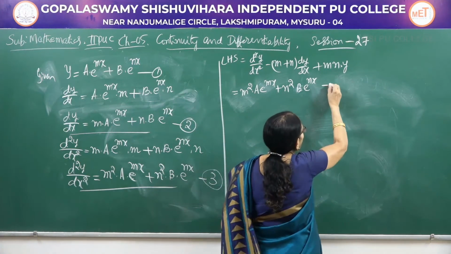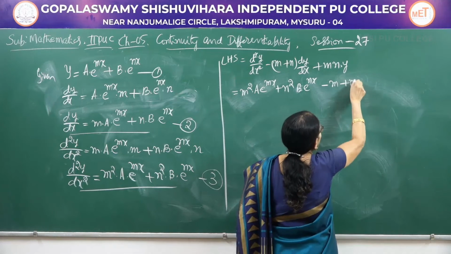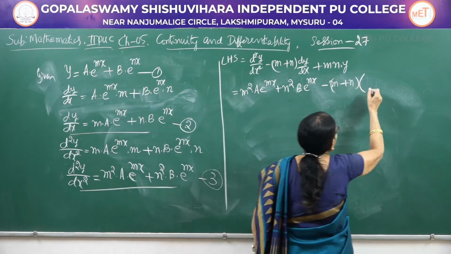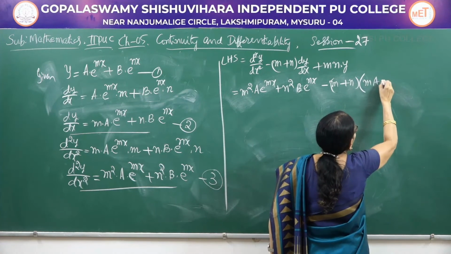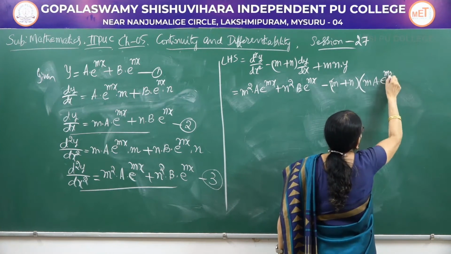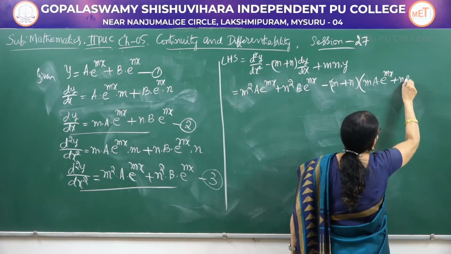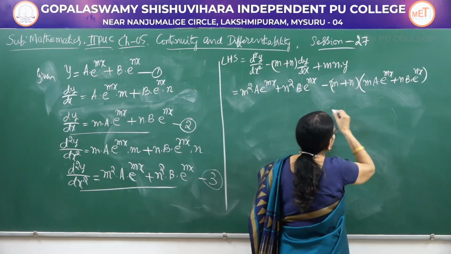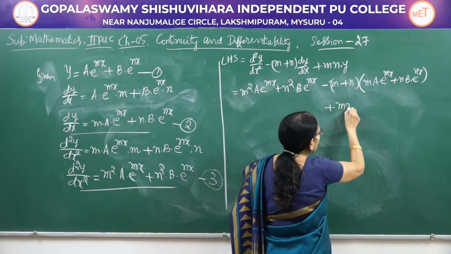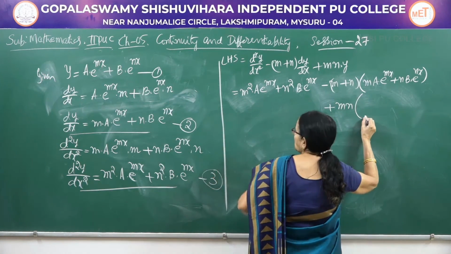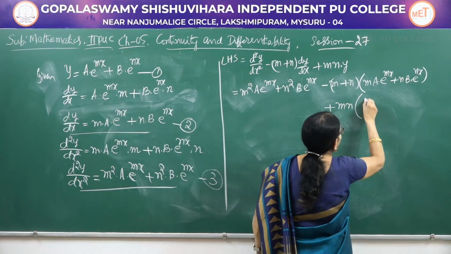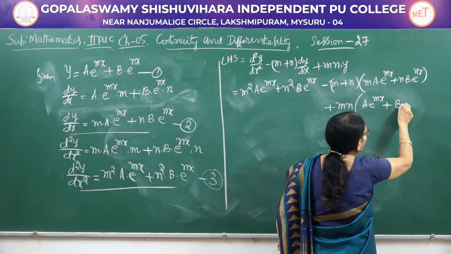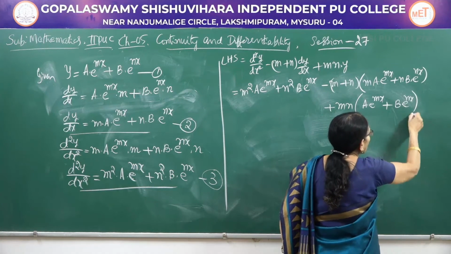Now minus of (m plus n), here you have to be careful, into the first derivative, which is ma e to the power mx plus nb into e to the power nx, that is over, plus mn into y. What is y? It is the given function a into e to the power mx plus b into e to the power nx.